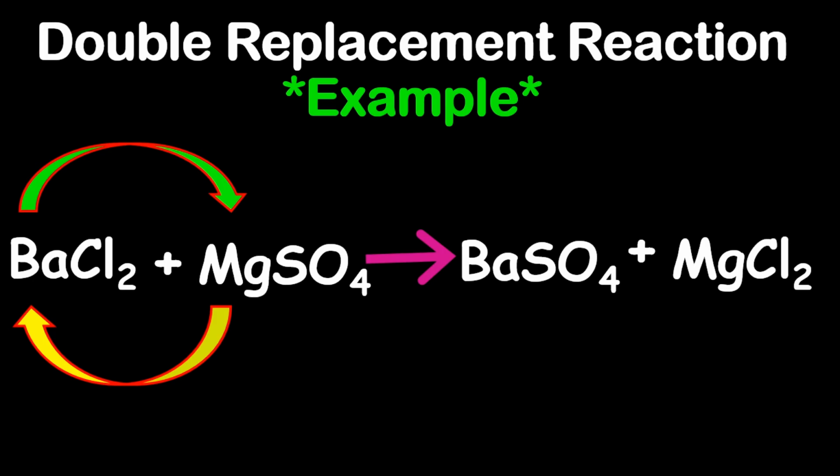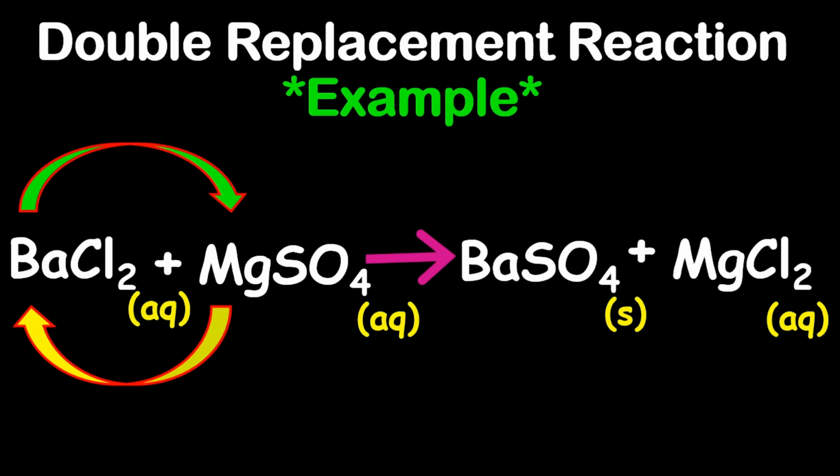Look carefully and decide if this equation is balanced. Absolutely. Some equations automatically balance out as you write them. The state for barium chloride is aqueous. Magnesium sulfate is also aqueous in this case. And barium sulfate that is produced is a solid, so it will be a precipitate, and magnesium chloride is aqueous.